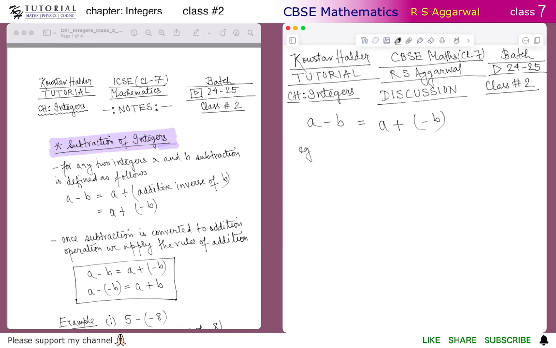So for example, what is 4 minus 3? We are subtracting 3 from 4. So it will be 4 plus the additive inverse of 3, which is minus 3. Since we are basically converting the subtraction operation into an addition operation, and since we know how to add two integers, we can now easily compute the value.